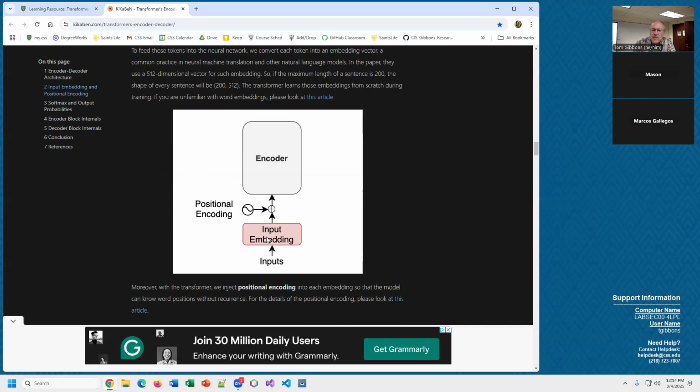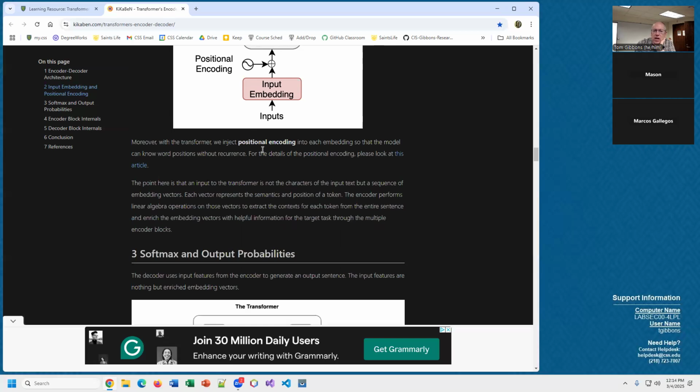So again, that is our embeddings. We take our words and embed them and convert them into numbers or tokens here. And then we have this positional encoding here. That allows us to, for every word, denote where it is in the sentence or the string.